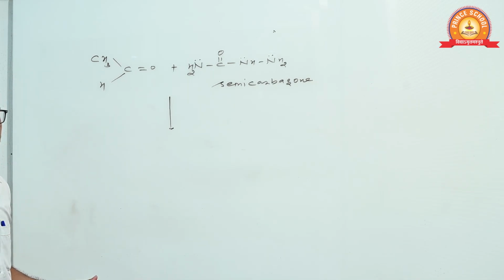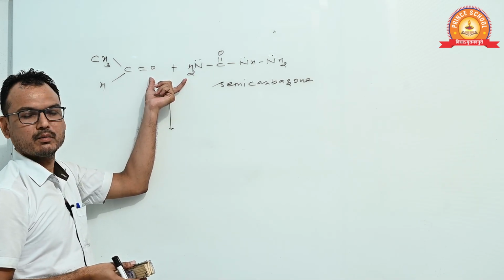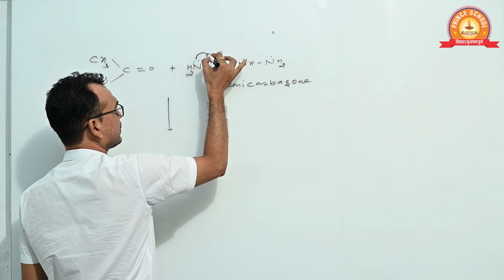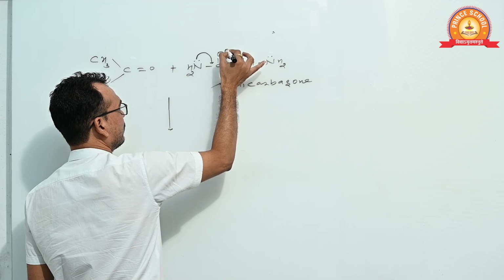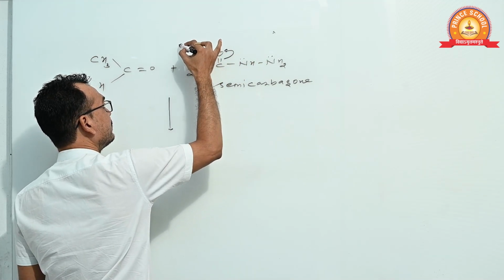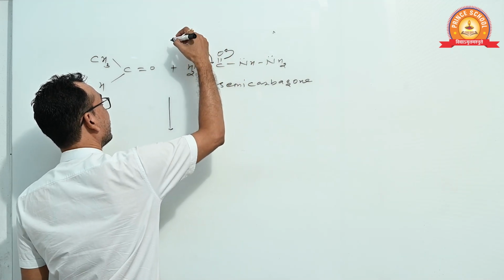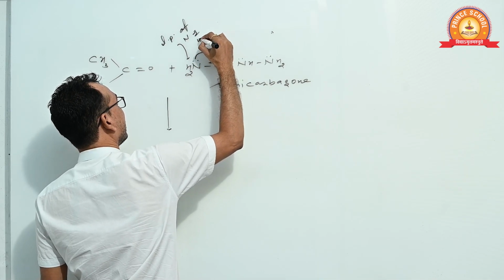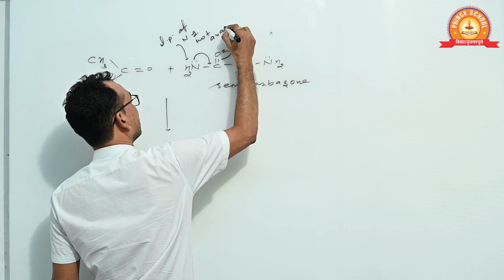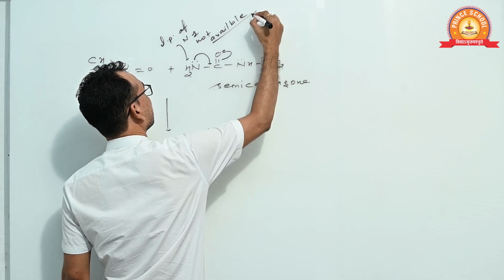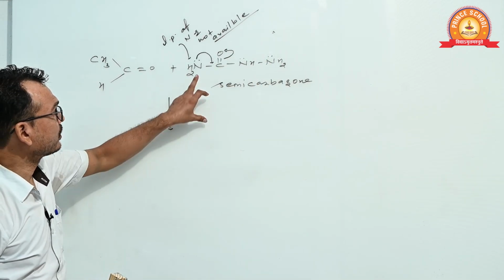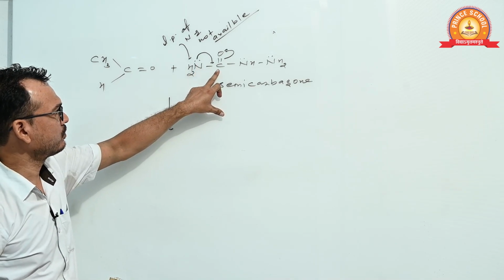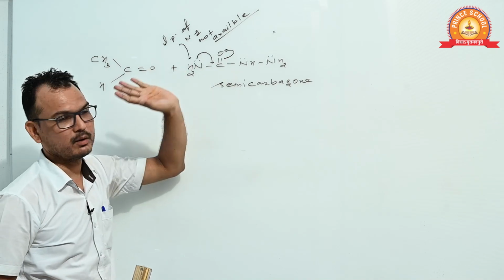We clearly know that the water molecule is liberated, but think about this: the lone pair of this nitrogen atom is involved in the resonance. It means the lone pair of this NH2 is not available. Why? Because the lone pair of the nitrogen atom is involved in resonance with C double bond O.